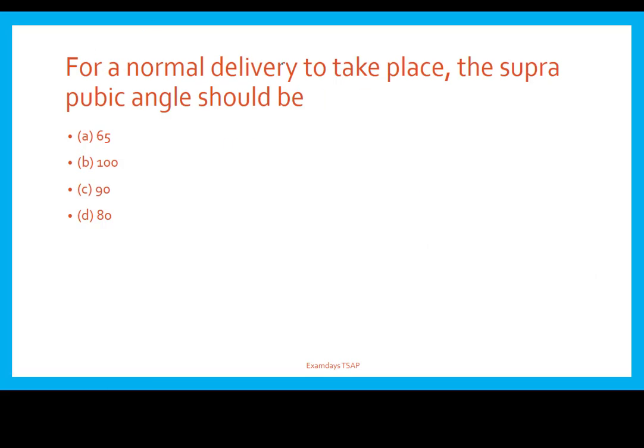For a normal delivery to take place, the suprapubic angle should be what? A, 65, B, 100, C, 90 and D, 80. The correct answer is option C, 90. As we know, here is 90, 180, and 270, and here is 360 degrees.